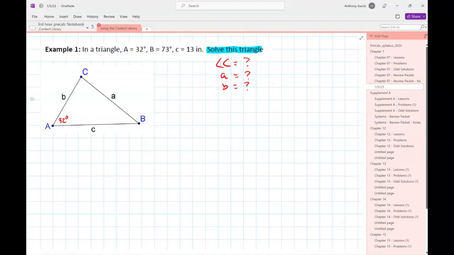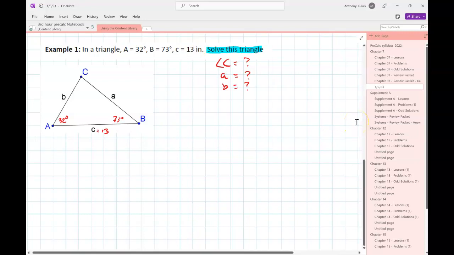So A is 32 degrees, B is 73 degrees, and side C is 13 inches. So which one should we solve for first?